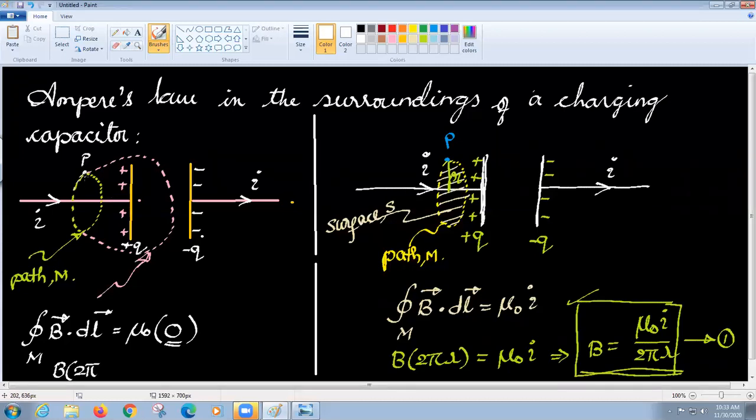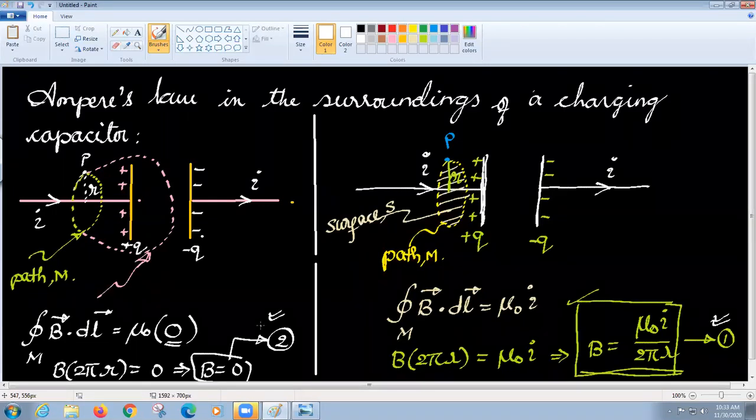This is R units. So B 2 pi R is equal to 0. So B is equal to 0. So there is no magnetic field, or no magnetic induction, between these two capacitor plates for now. Okay. Now there is a flaw. Now you just compare equation number 1 with equation number 2.